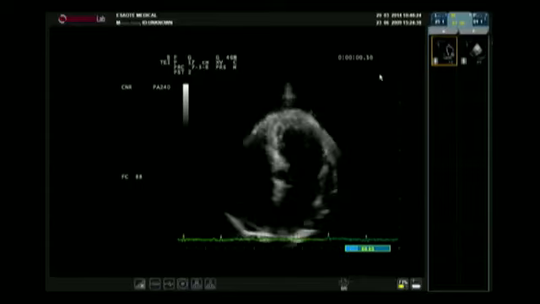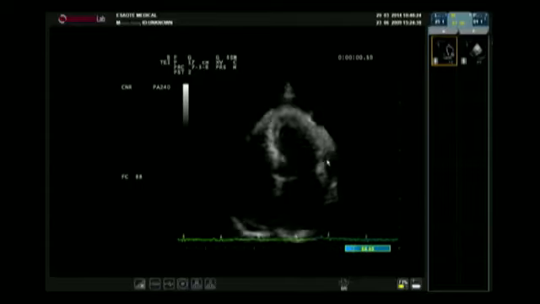And this protocol can help you to detect some of the treatable causes of cardiac arrest, such as cardiac tamponade, as in this case, or massive pulmonary embolism, or severe left ventricular dysfunction, or hypovolemia.